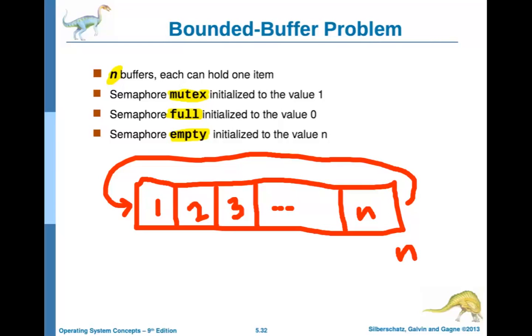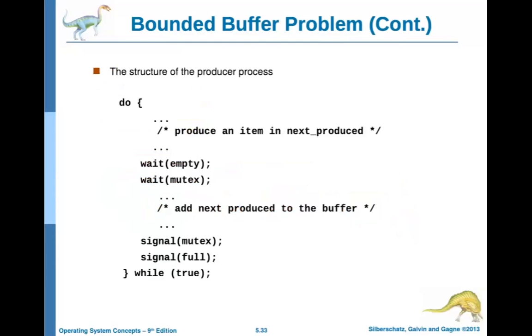For example, if I have said 10 is the capacity, so that is the value of n, and 3 elements have been produced, then full will have the value 3 and empty will have the value 7. So 3 plus 7 is equal to 10. Okay. Now given these data structures, we can write the code for the producer process as below.